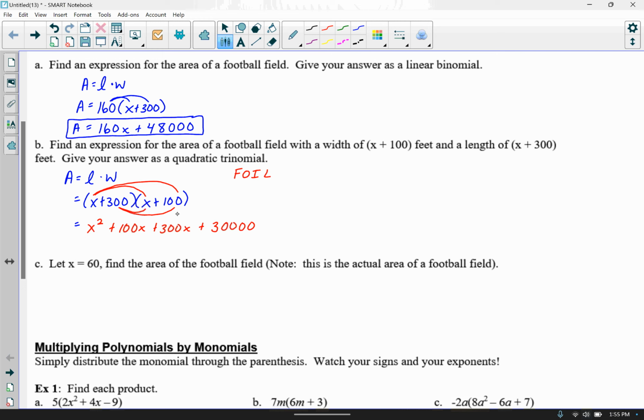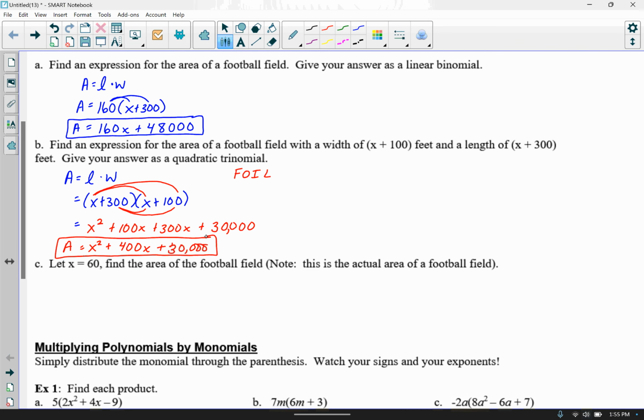So 3 with 4 zeros, so 30,000. Last step I want to do then is combine like terms. So x squared plus 400x plus 30,000. And that would be our expression there for the area.